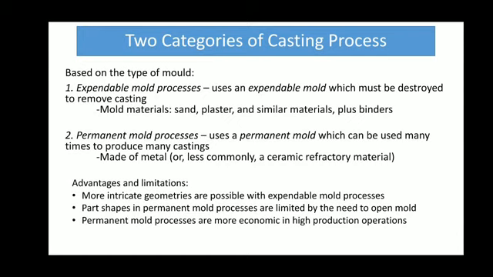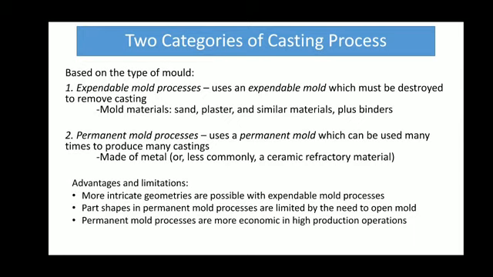We don't break it after the process is over, but there will be a provision to open it and we will take out the cast. Generally it is made of metal. Some advantages and limitations: more intricate geometries are possible with the expendable mold process. Part shapes in the permanent mold process are limited by the need to open the mold.